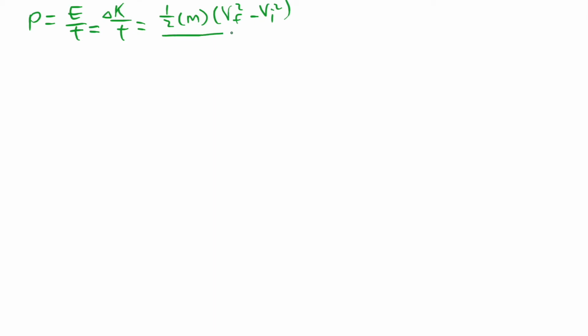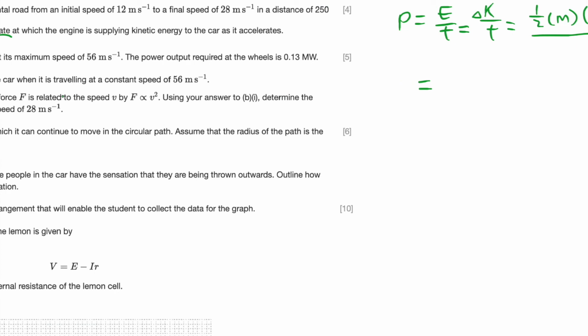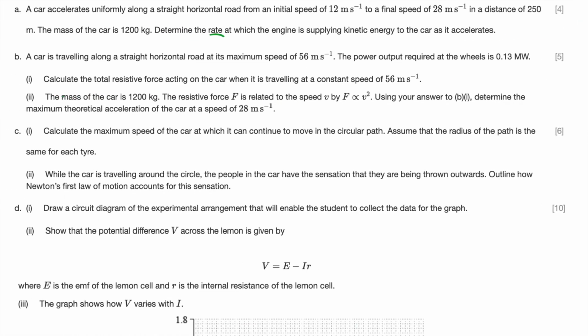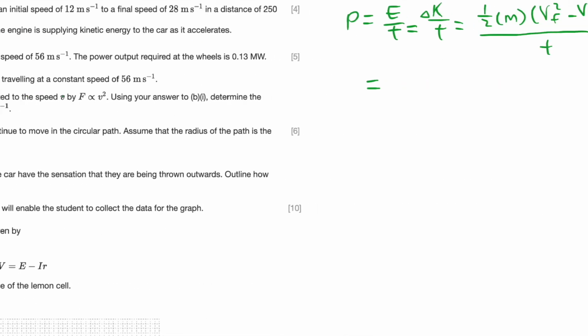So let me do the problem here. Power is equal to energy over time. In this case, it is equal to kinetic energy over time, the change in kinetic energy, which is equal to a half times mass times final velocity squared minus initial velocity squared, over time. The mass is 1,200, final velocity is 28, initial velocity is 12.